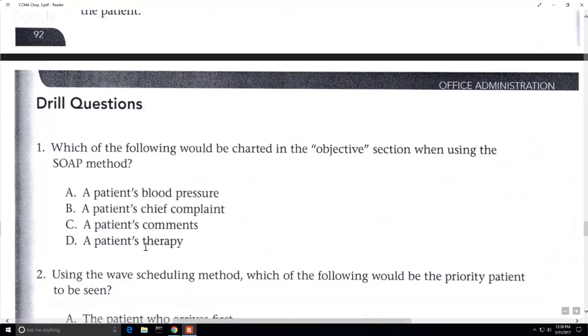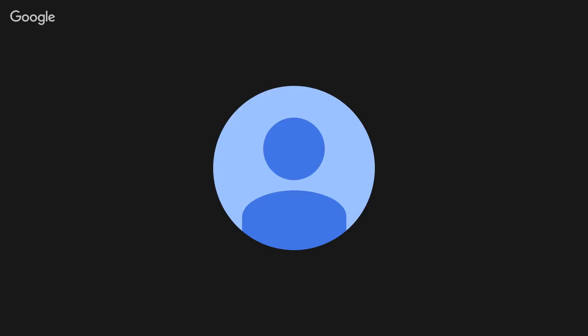SOAP is for subjective, objective, assessment, and plan. So he's asking about the objective section: a patient's blood pressure, a patient's chief complaint, a patient's therapy.